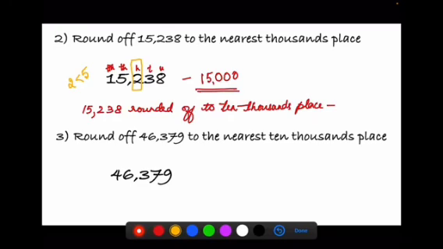That is 10,000s place we have 1. But what is that we need to consider? We need to consider the next digit to the right of it, which is thousands place, which is 5. When we have 5, what do we do?